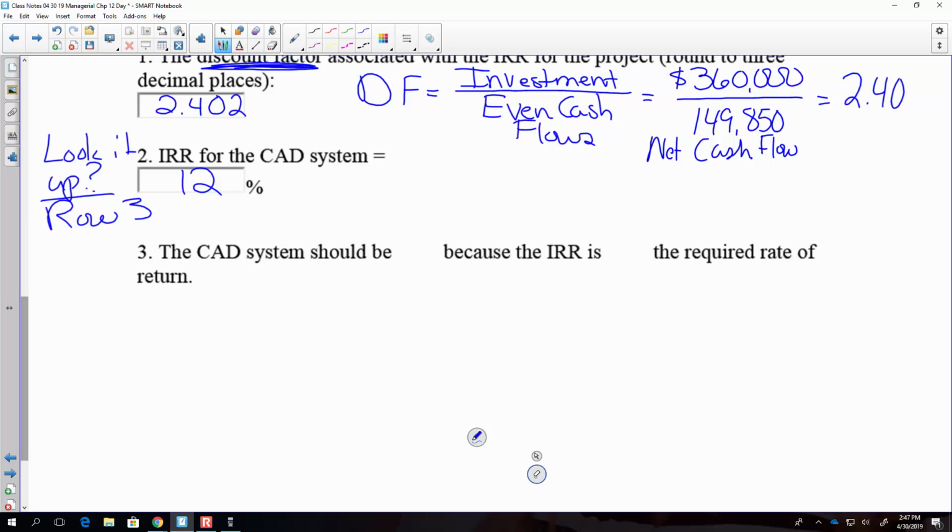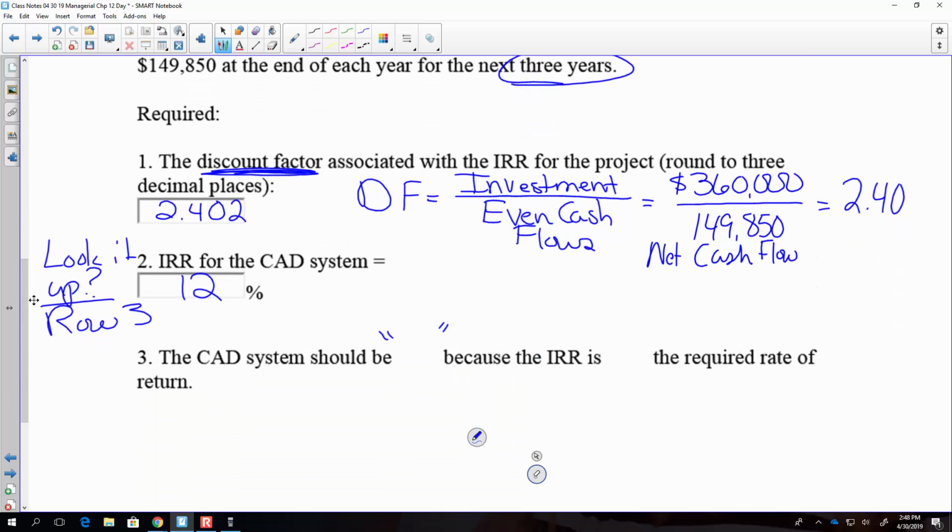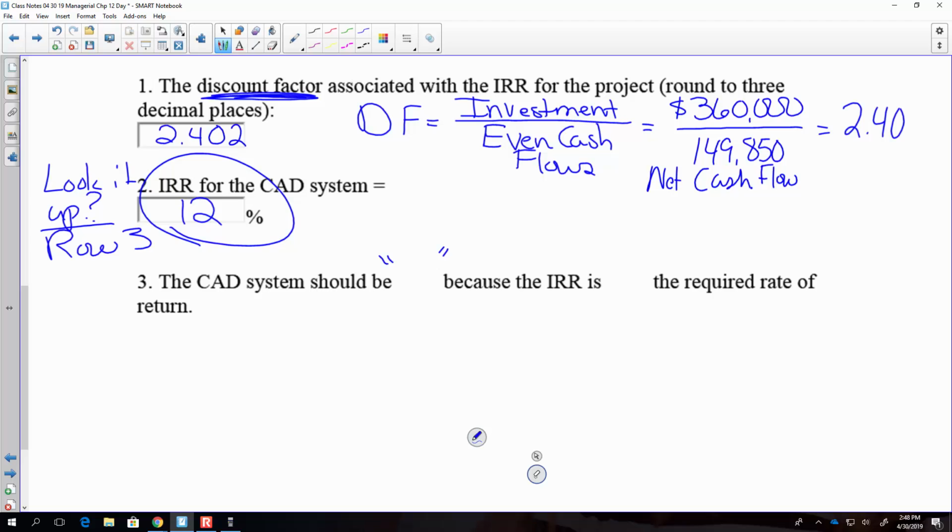So, are we going to accept this project? I'm trying to answer this question here. Should we accept or reject? What's the cost of capital? 10%. The internal rate of return is 12. So accept it, right?